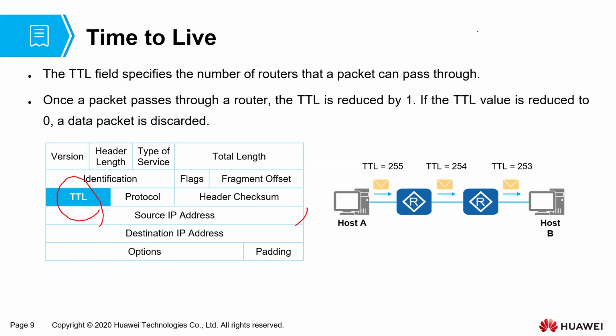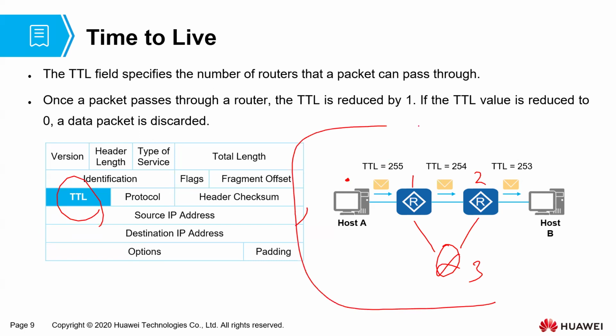So if I have a scenario with a number of routers like this one, let's have another router here. So I have three routers here, 1, 2, 3. If I send a packet from this host A and the destination is not on this network, what happens?